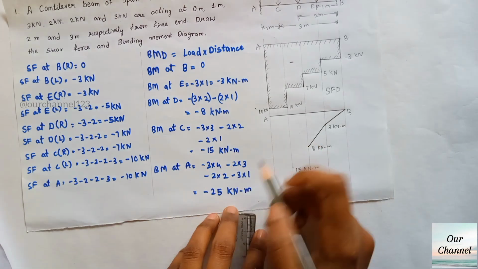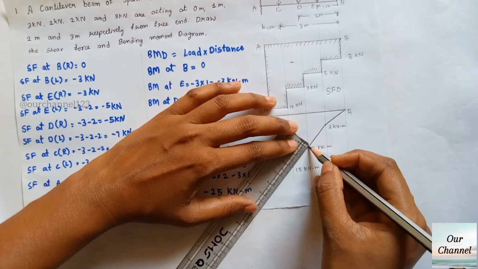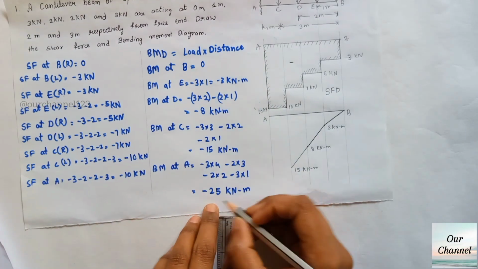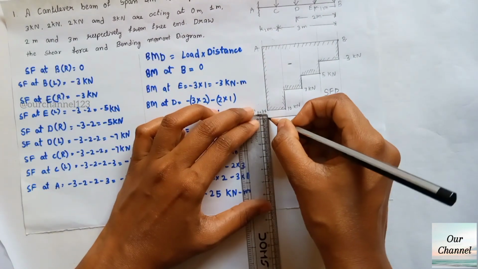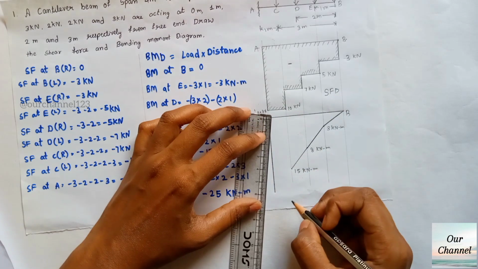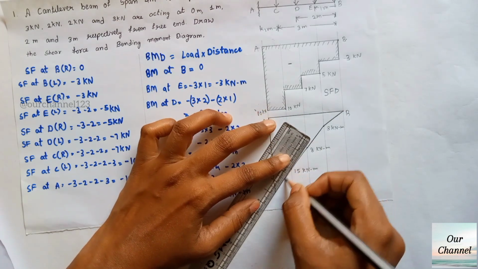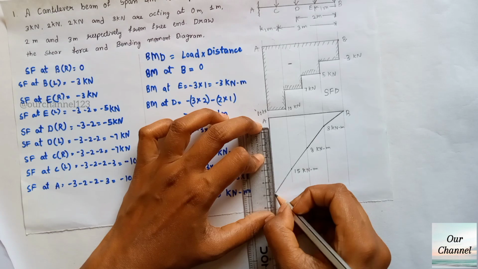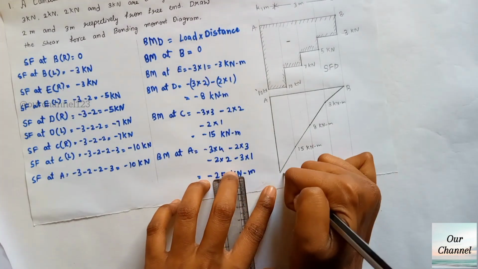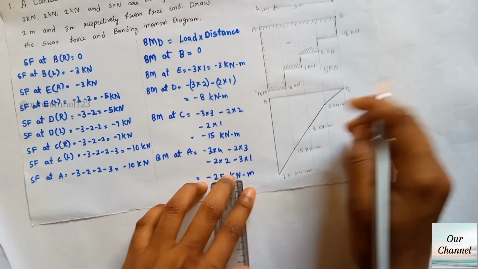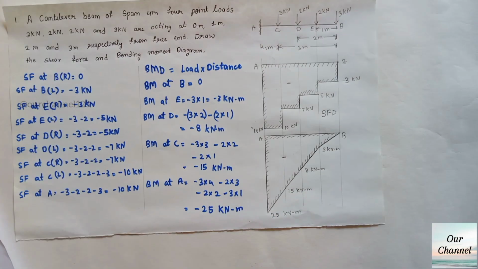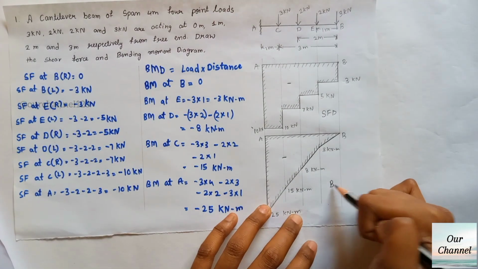Similarly, mark the remaining points and draw the lines. This is our bending moment diagram.